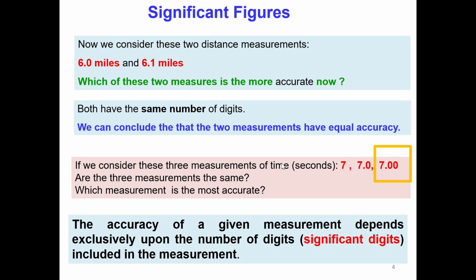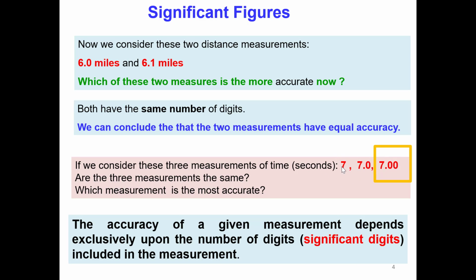Now if we consider these three measurements of time, 7, 7.0, and 7.00, are the three measurements the same? Which measurement is more accurate? Now we know the most accurate measurement is the third one, and the reason is this measurement has the larger number of digits.